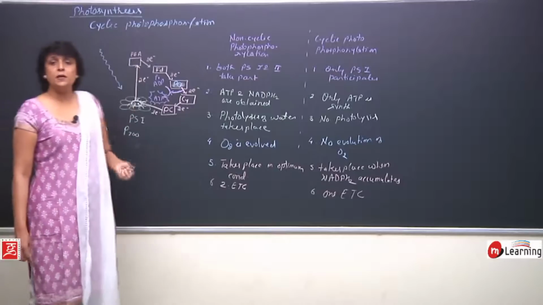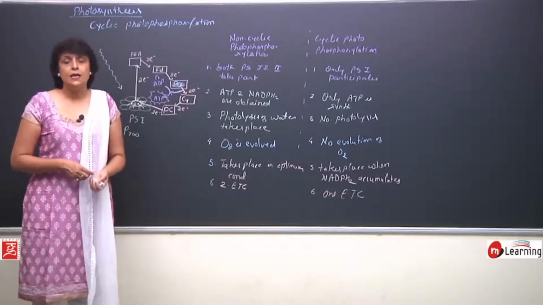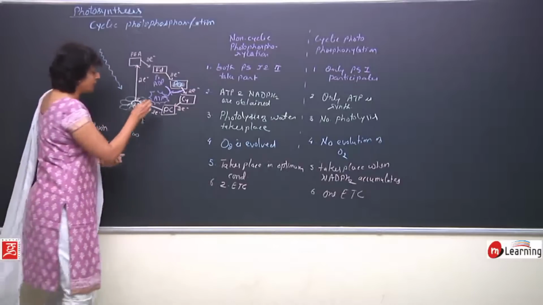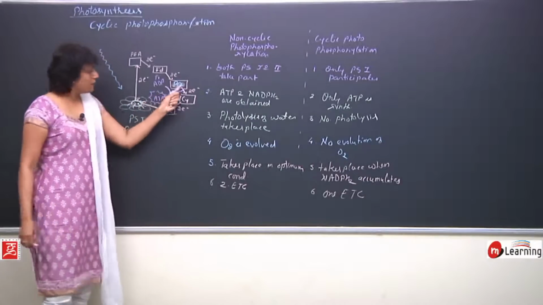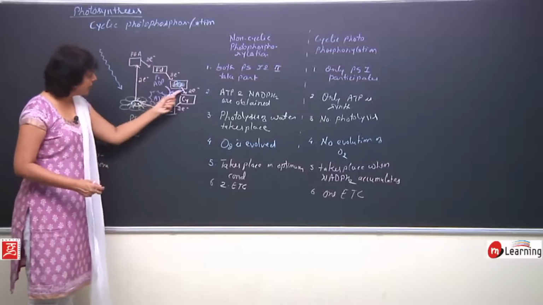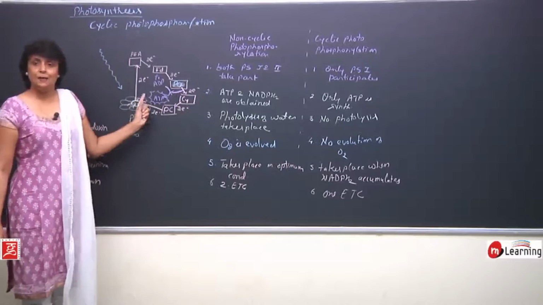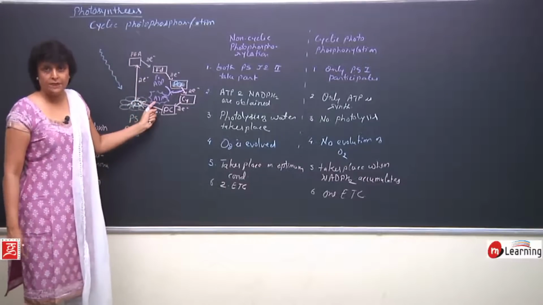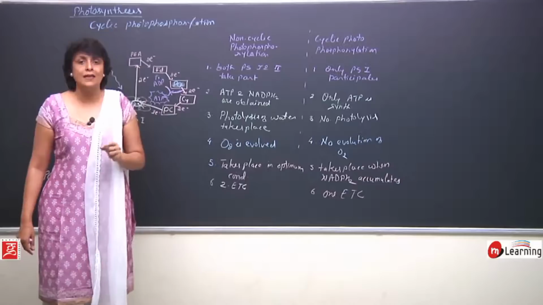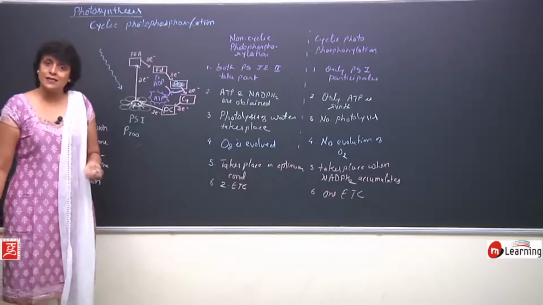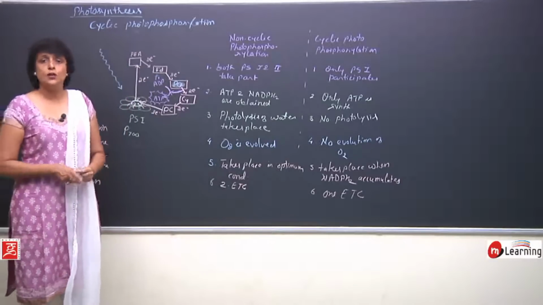Now, before we take up dark reaction, let us understand this part. We have written ATP synthesis. Actually, when we make this cycle, we just write ATP here, but ATP synthesis is not like this. It takes place by a specific mechanism which is called chemiosmosis. So, let us understand that first and then we will come to dark reaction.